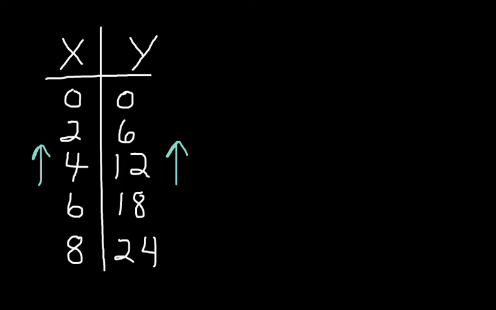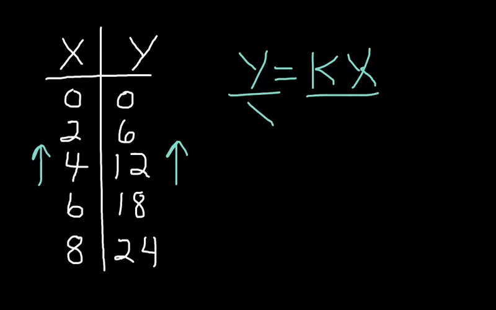Now, our constant of variation, k, this part of the equation, y equals kx, if we wanted to compute our constant of variation, we could do that simply by a little algebra here. We just divide both sides by x, and therefore we would determine that k is equal to y over x. So if we know our y and x, that's our constant of variation.